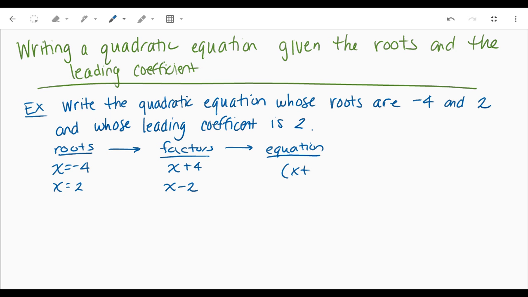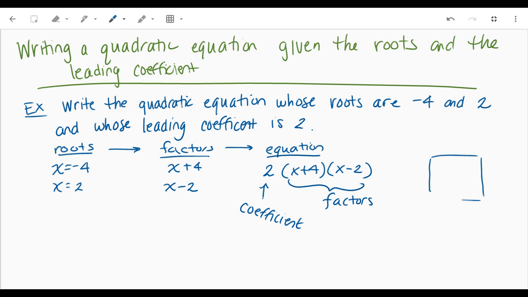would be x plus 4 times x minus 2, plus you got to have that coefficient out front. Okay, so there's your coefficient. And here's your factors. Okay, and then your last step is to expand that. So we would need to do x plus 4 times x minus 2.